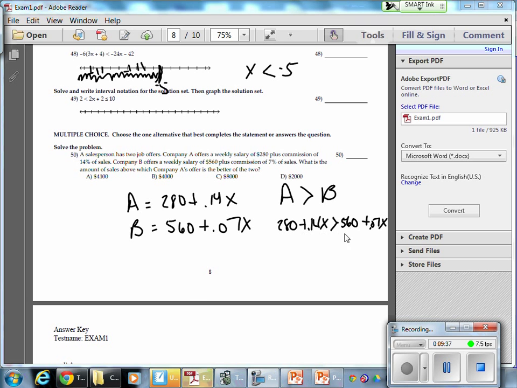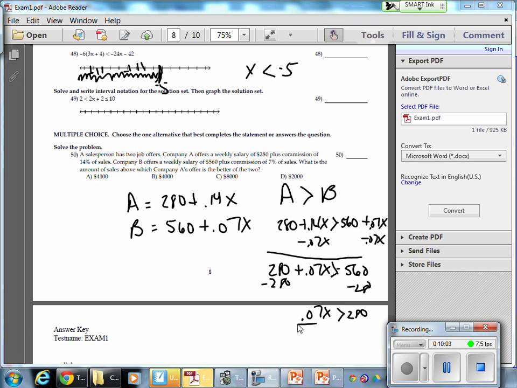Let's subtract 0.07x from both sides, which gives me 280 plus 0.07x is greater than 560. Subtract 280. You get 0.07x is greater than 560 minus 280, which is 280.